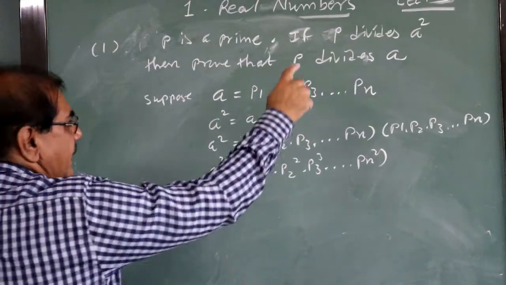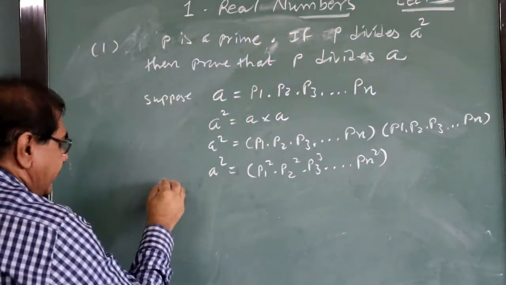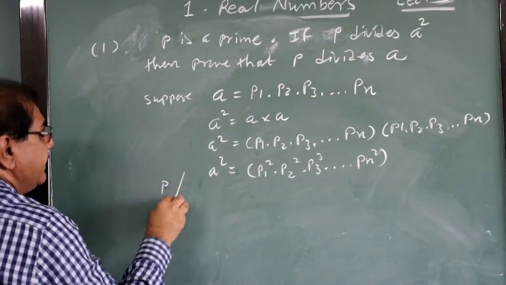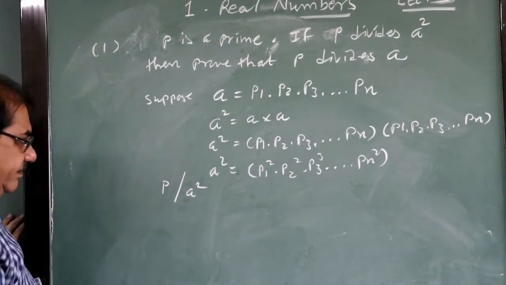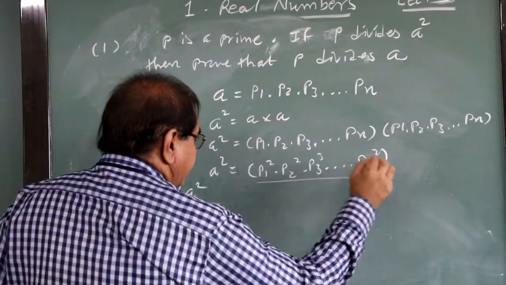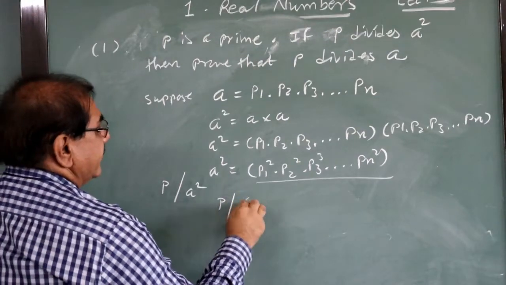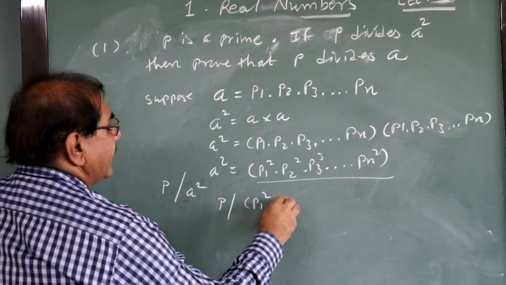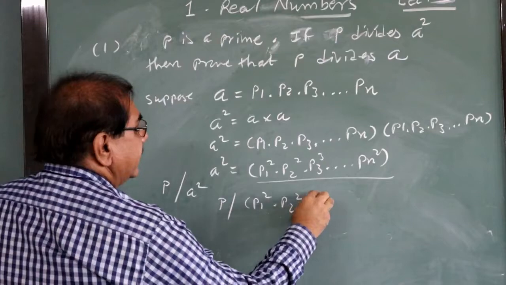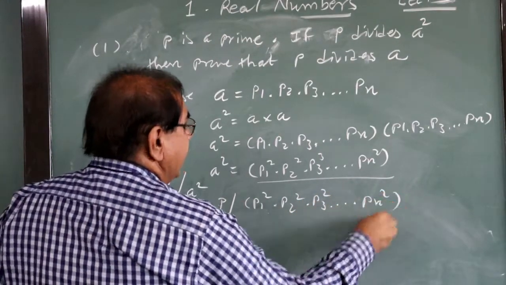Now what is given? P divides A square, means P is a factor of A square. We write this way, P divides A square. That means P is one of the factors of P1 square into P2 square into P3 square into dot dot dot up till Pn square.